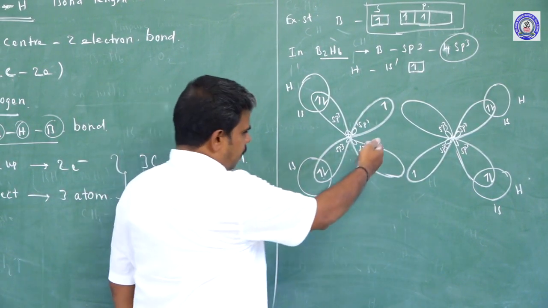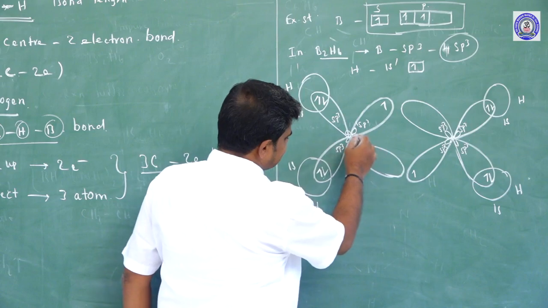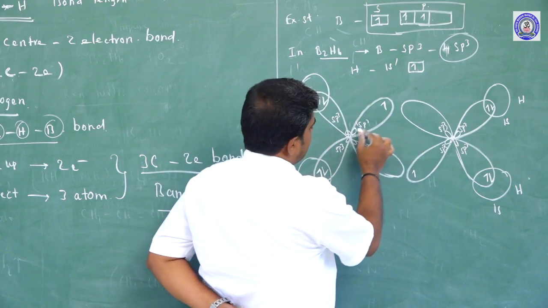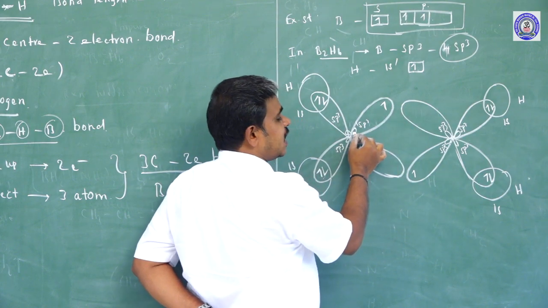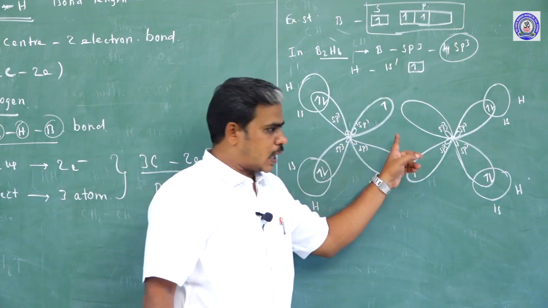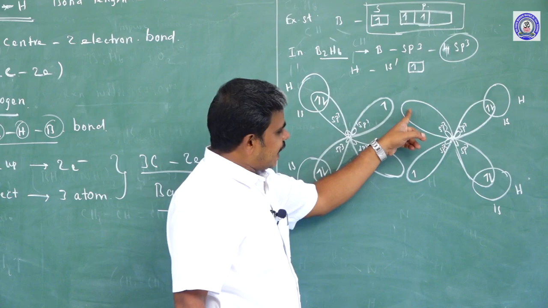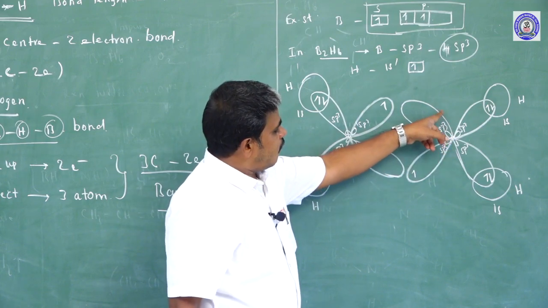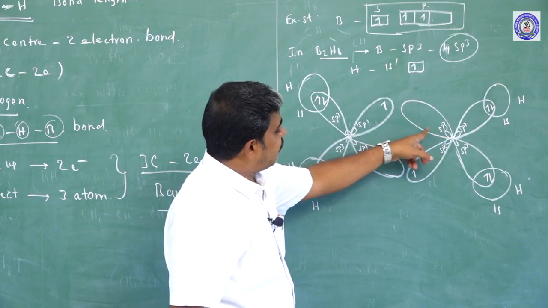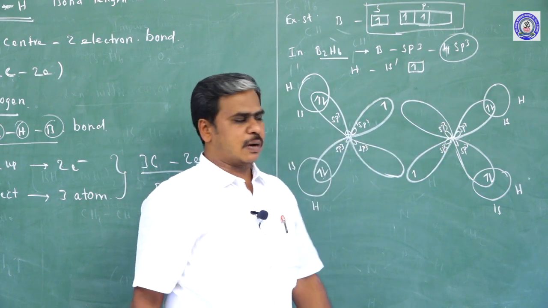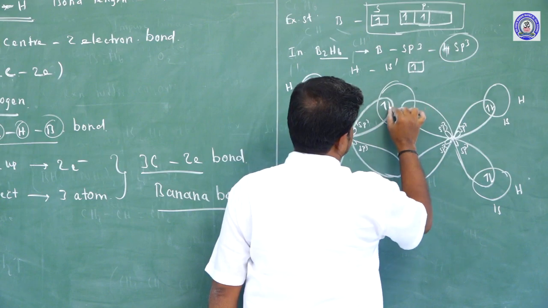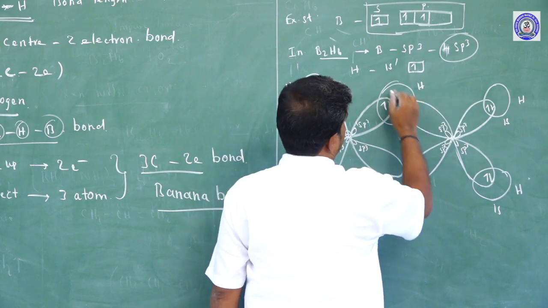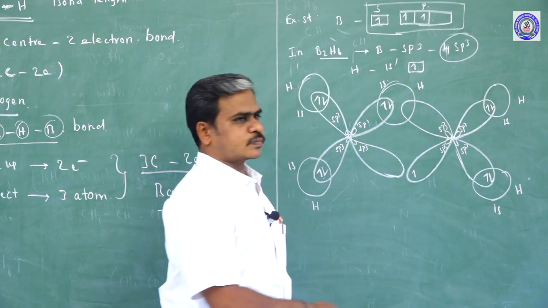Now we take the banana bond. And in this banana bond, what will happen here? One filled sp3 hybridized orbital of boron makes a bond with a vacant sp3 hybridized orbital and with a hydrogen atom's 1s orbital.